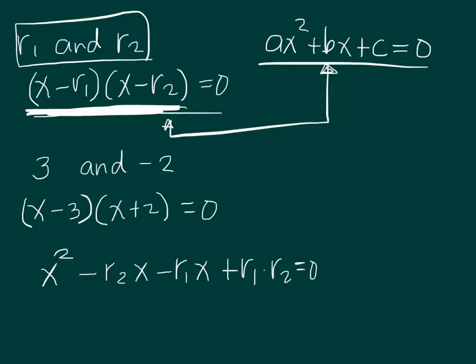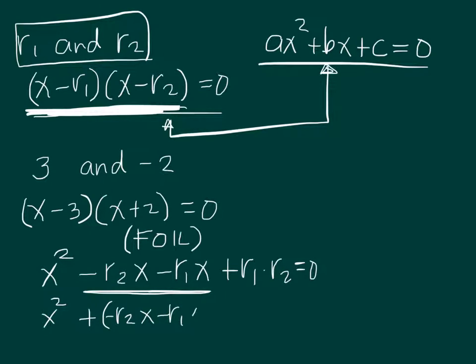In this case, I particularly use the FOIL method, if you're familiar with it. And then we could simplify this into x squared, and then I can combine these two. So I have negative r2x minus r1x plus r1 times r2 is equal to 0.